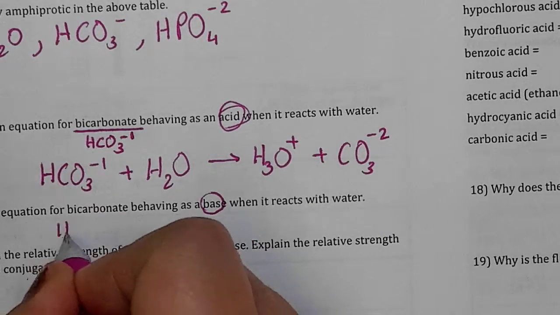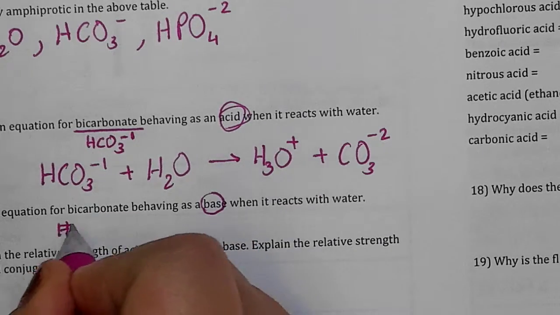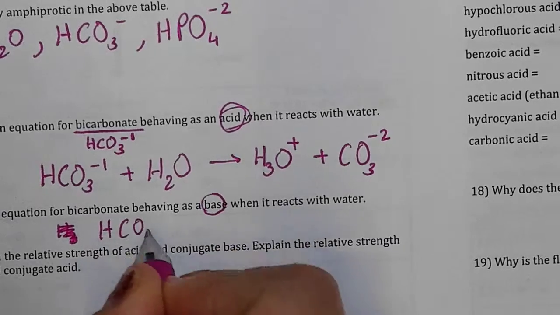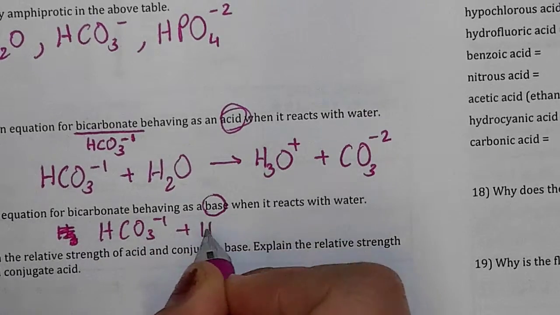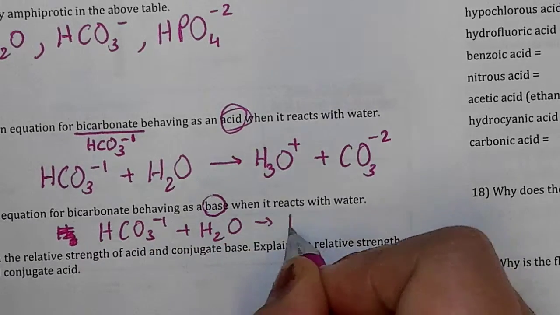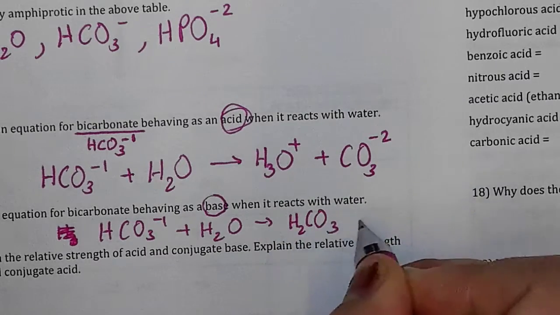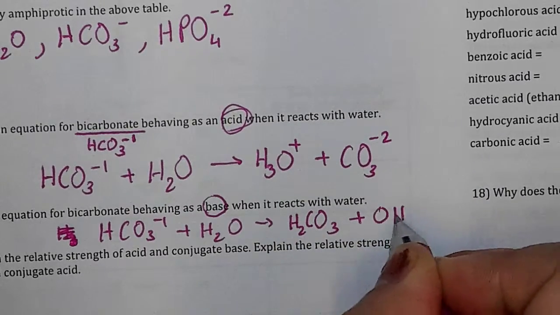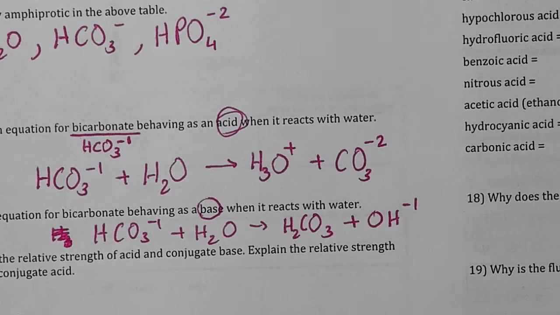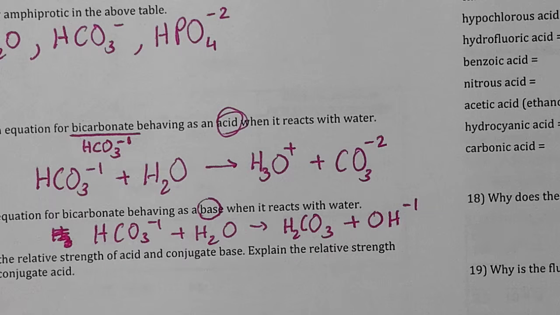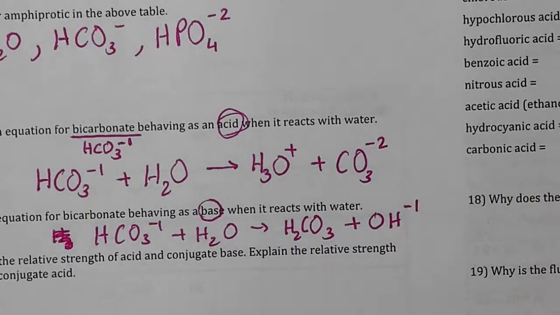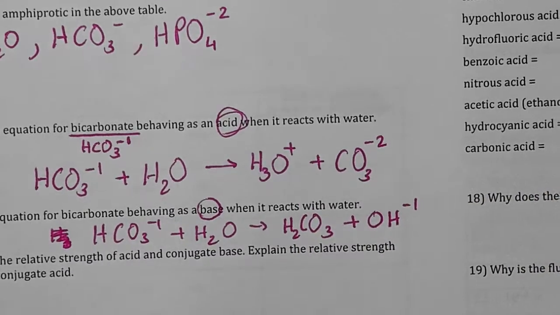How would that look? So you're gonna have H2CO3 and OH minus. Now, if you don't want to write minus 1 or plus 1, you can just write plus or minus. That's fine. As long as it's legible and they can read it, you will get credit. I usually don't write the 1, it's just a habit.